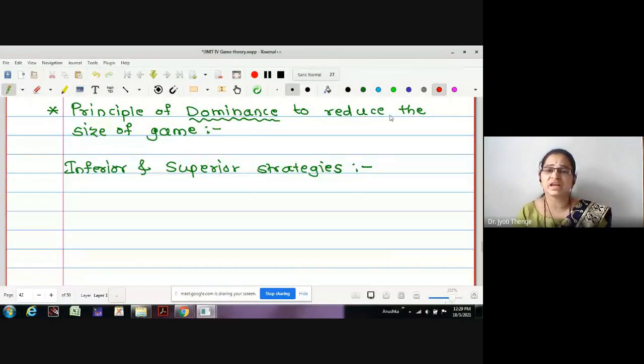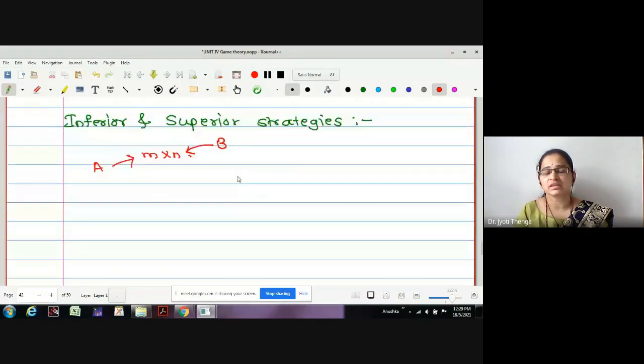Suppose we have a general m by n rectangular game. Therefore, player A has m strategies, and player B has n strategies in hand. If I want to write the optimal strategies of player A, these are the probabilities x1 to xm.